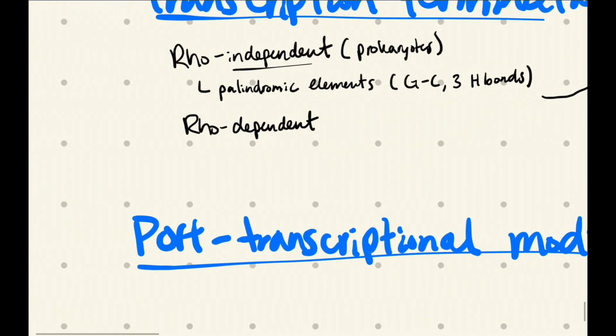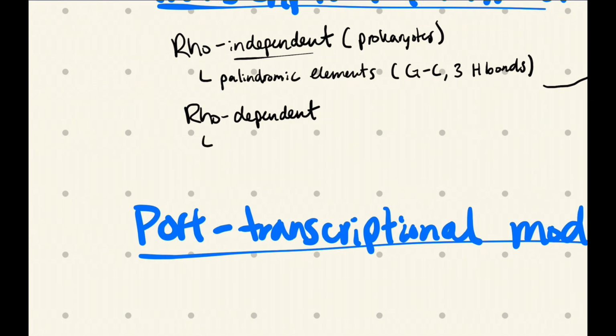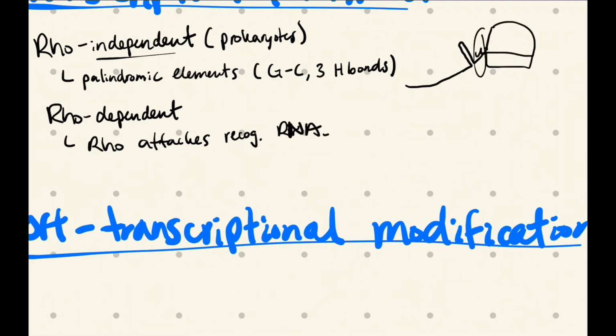Okay. And then Rho-dependent is going to have that Rho protein, right? So you have your Rho and it attaches to the Rho recognition site. Okay, so it's going to attach to a recognition site on the RNA, and it moves along that RNA.